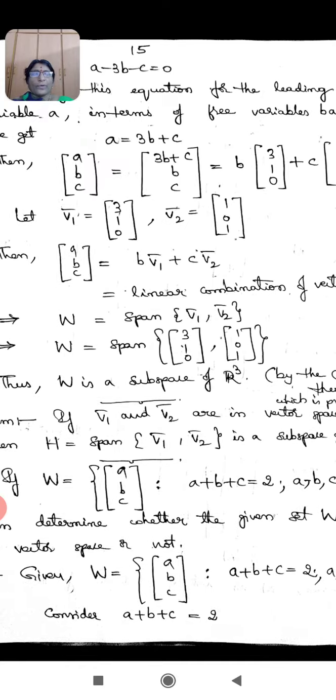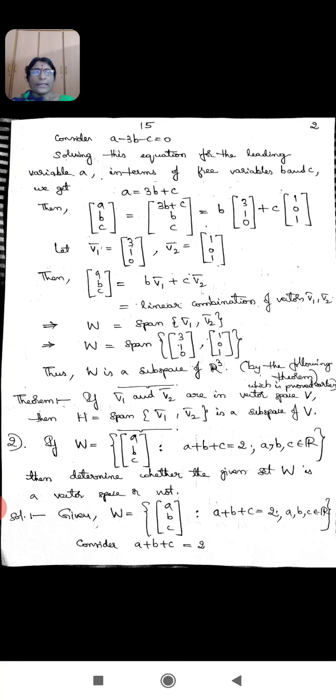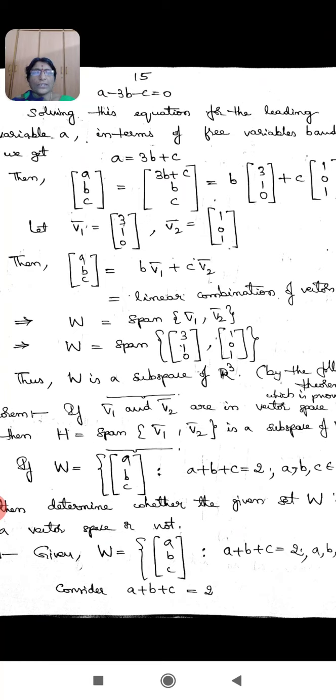Now in this problem, W is given like this, and we are asked to determine whether the given set W is a vector space or not.